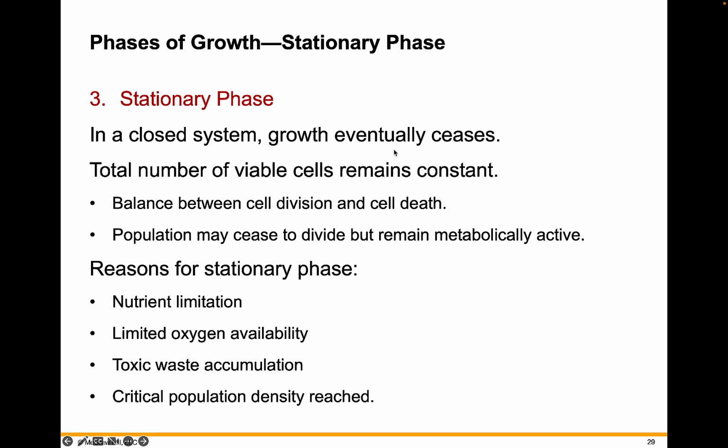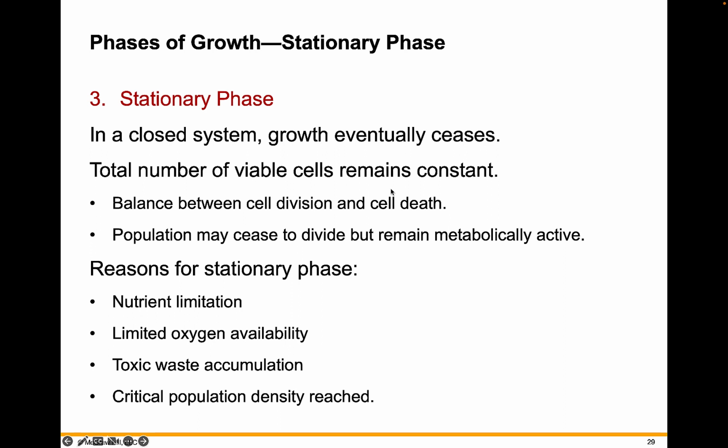So we will not supply any material in here, and the total number of viable cells will remain constant. And in the stationary phase, a balance between cell division and cell death happens. That means the number of cells being produced is equal to the number of cells which are dying. The population may cease to divide, but at this time they may remain metabolically active.